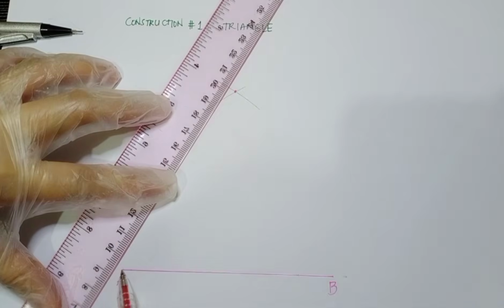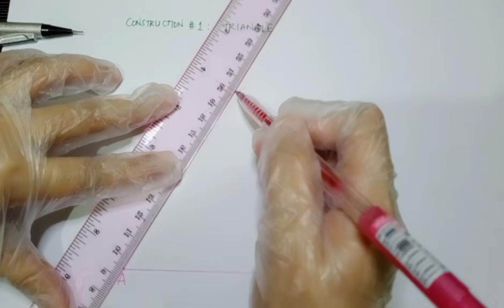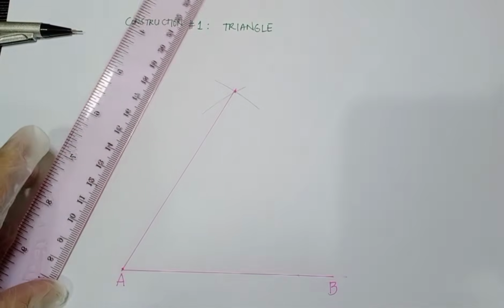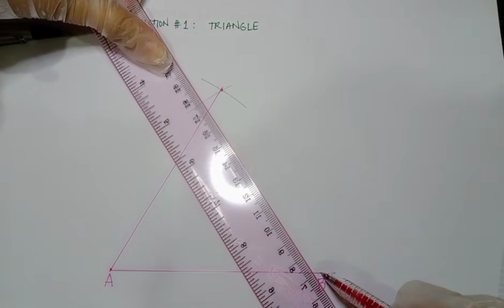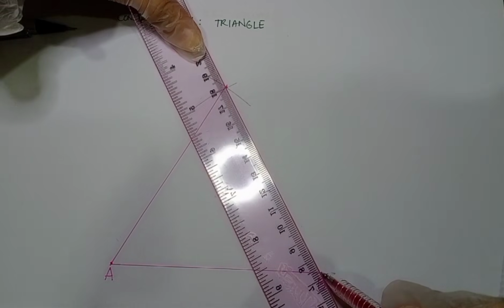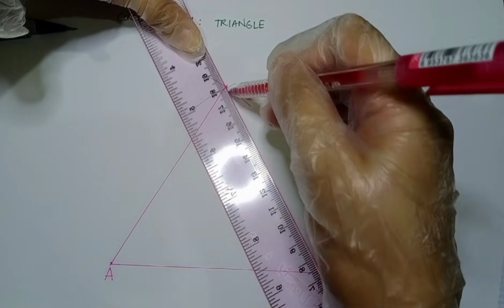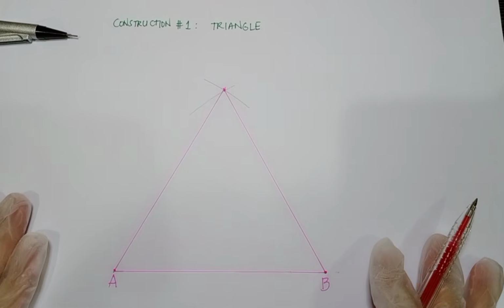I-connect po natin yung first endpoint mo dun sa intersection na na-form po natin. So, we have this. And, yung isang side, ito yung endpoint mo, i-connect po natin siya dun sa intersection po. Okay? Ayan. So, we now have a triangle.